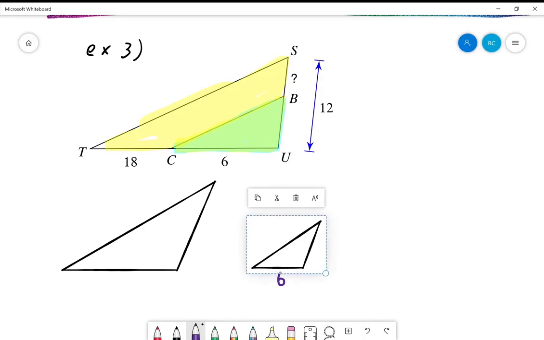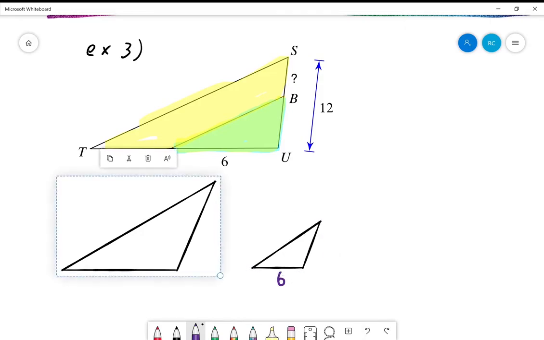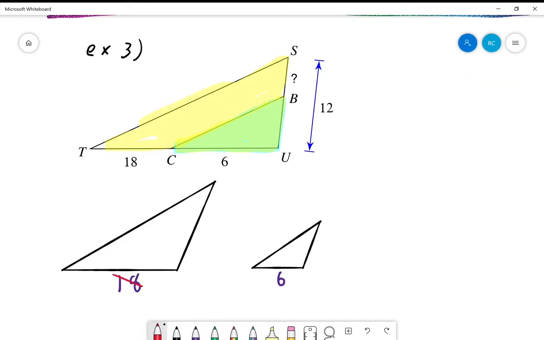Okay. The larger triangle. Now, it can be very tempting to say that the bottom of the larger triangle is 18, but it is not. It is absolutely not. Big frowny face with a tear coming out. It is not 18. This side here is 18 and 6.